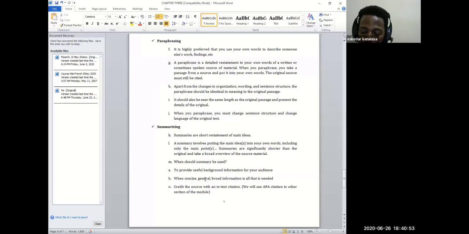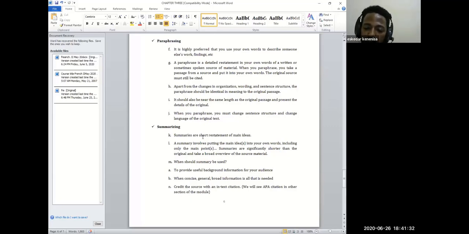The third way of citation is summarizing. We have said that paraphrasing is detailed. However, summaries are short, because the focus of the summary is the idea, the main message of the writer. You take the main idea of the author, but you are not expected to take everything or paraphrase everything.